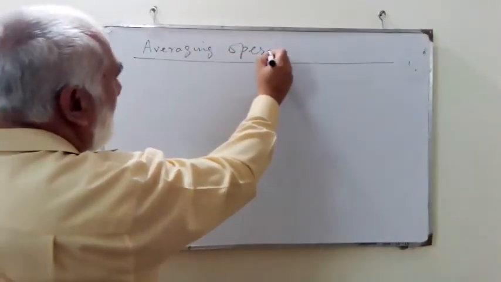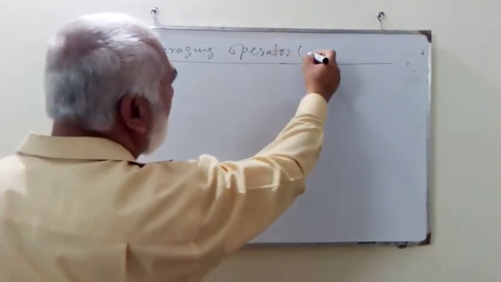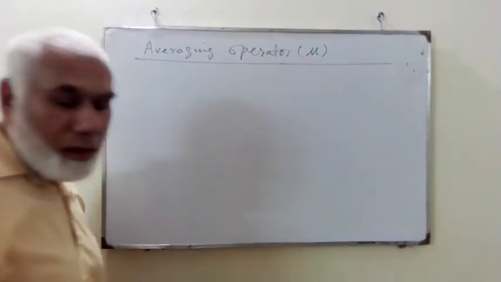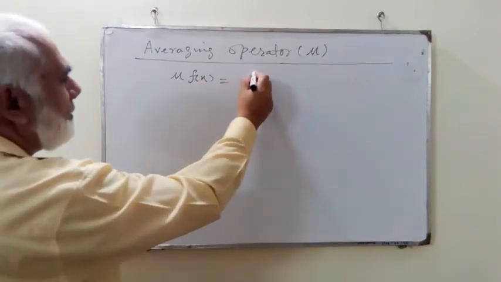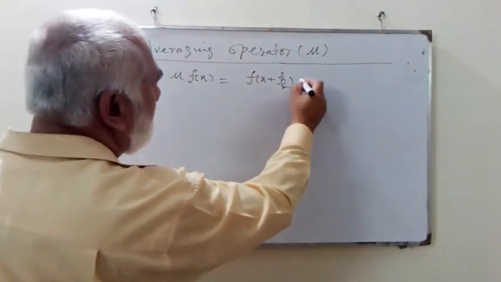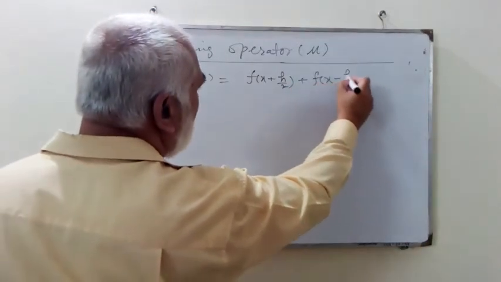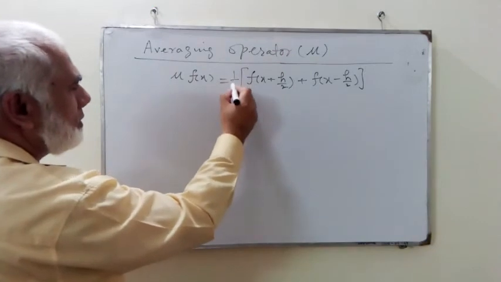The notation for the averaging operator is μ. You are already familiar with this notation. So when we apply it on a function, we get f(x + h/2) plus f(x − h/2), and one more thing, we have to take the average, just divided by 2.